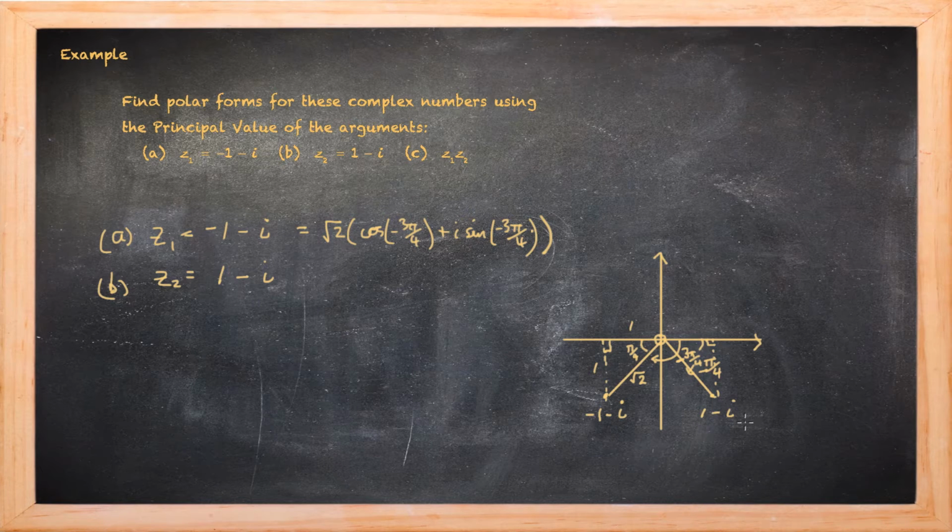And the modulus is the same as for -1 minus i, it's root 2. So the polar form is root 2 for the modulus, cosine of -pi upon 4, plus i sine -pi upon 4.